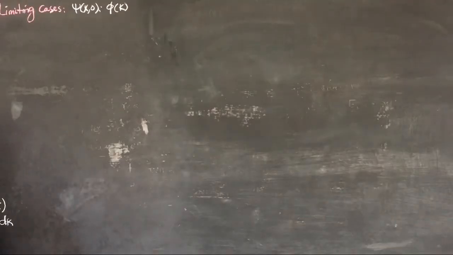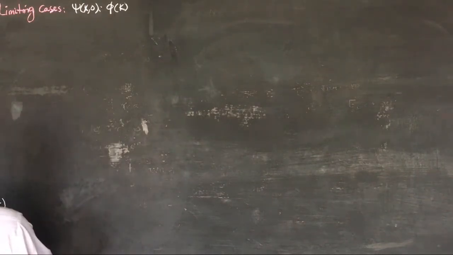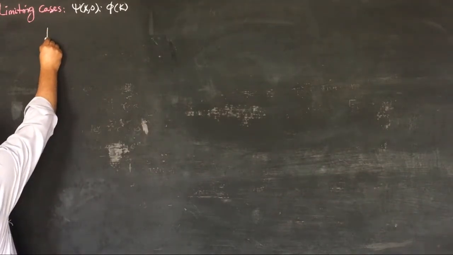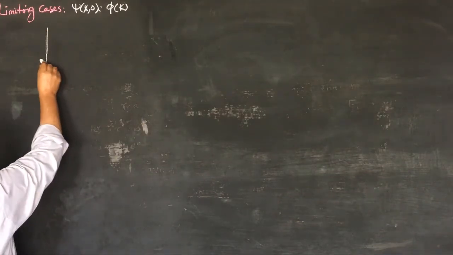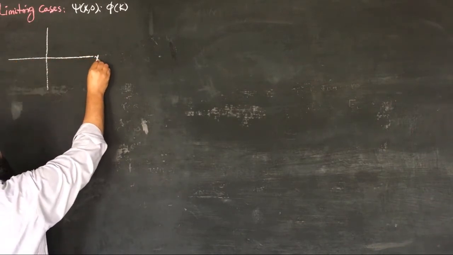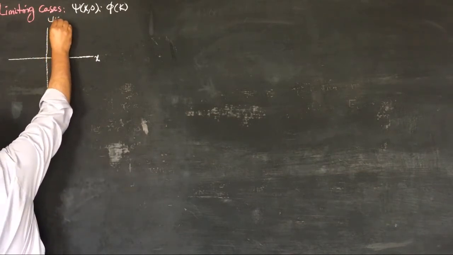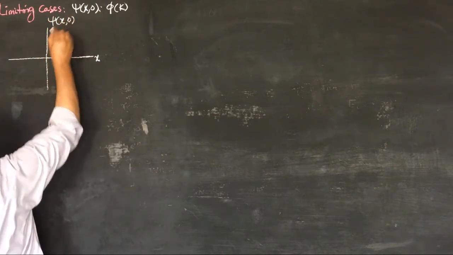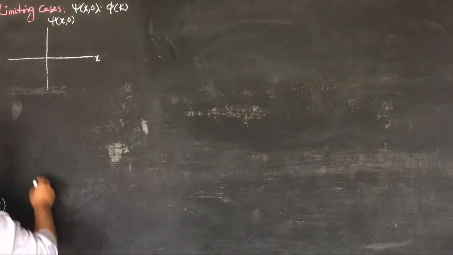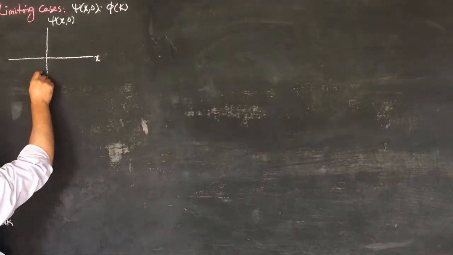So the limiting conditions are that, let's say I am having on one axis, let's say this is y-axis and this is x-axis, and on this side I am having x, while here I am having x and 0. Now our wave function psi of x,0, I know that it is 1 over 2a.